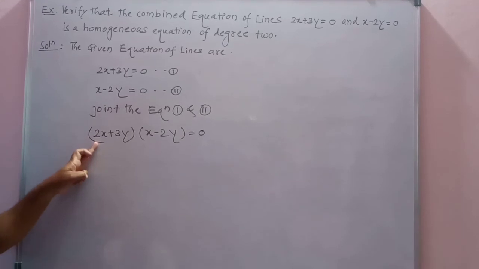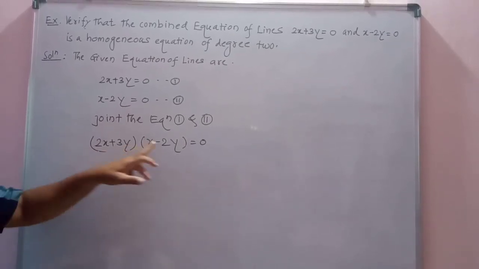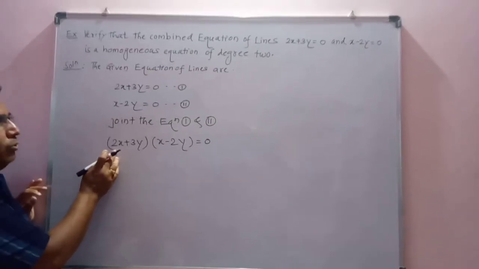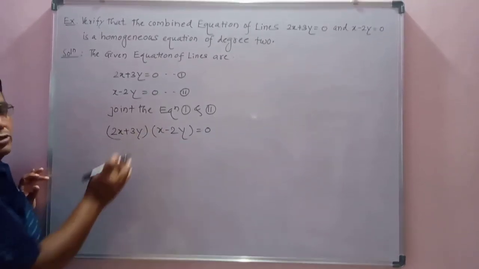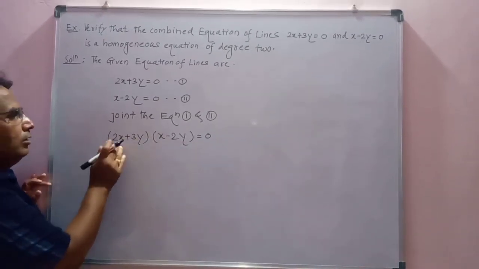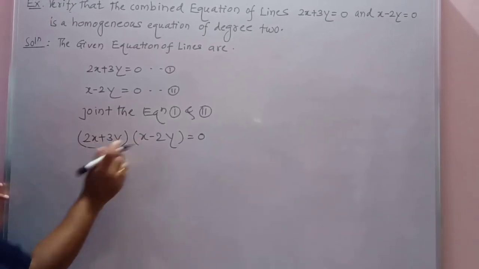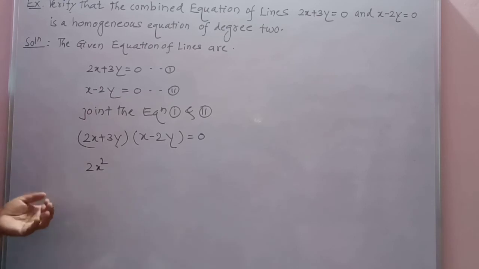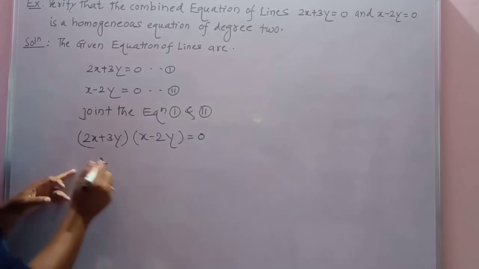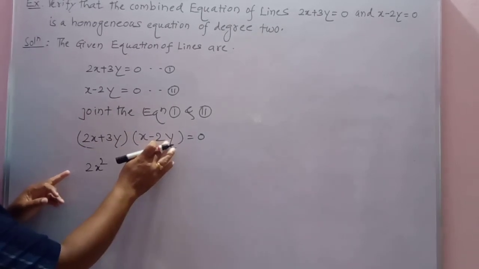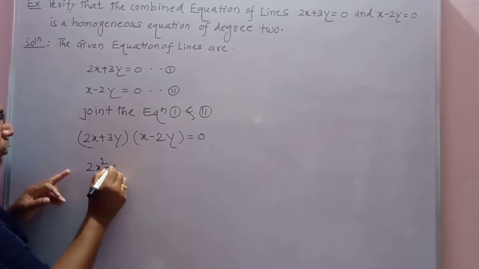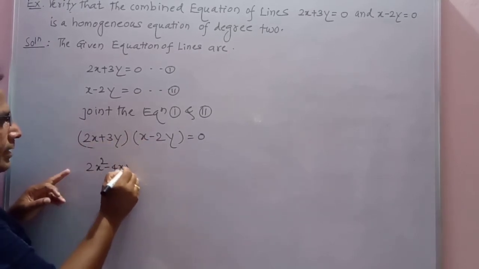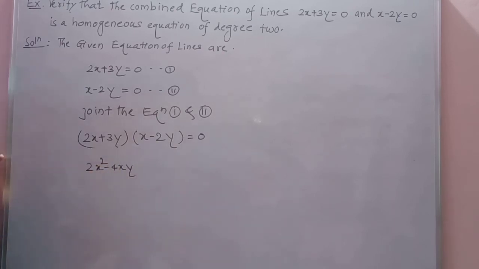We multiply 2x plus 3y into x minus 2y. 2x into x is 2x square, 2x into minus 2y is minus 4xy.